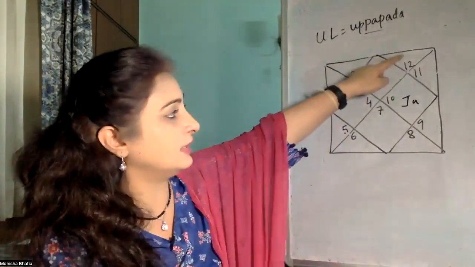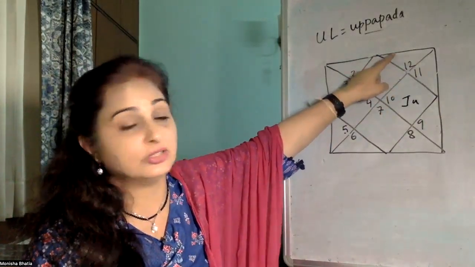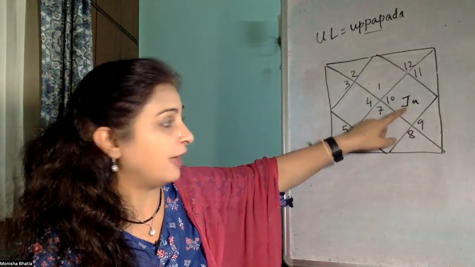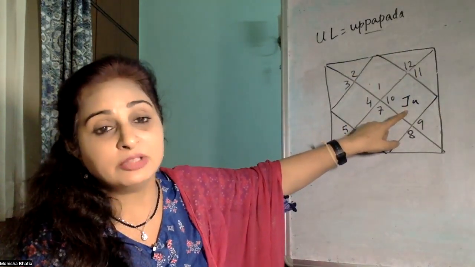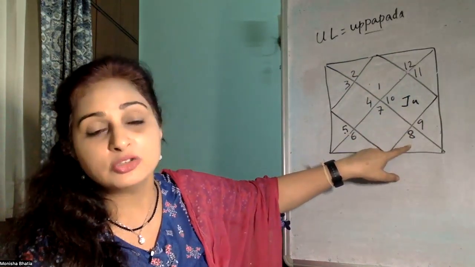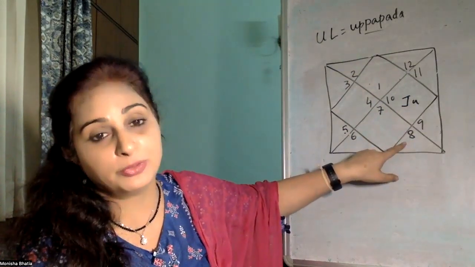So it means it is sitting 11 places away from its sign of Pisces. We have to figure out the 12th pada. So what we have to do is count the 11th place from this position, and the 11th place will be Scorpio sign. So it means your 12th pada will fall in the Scorpio sign.